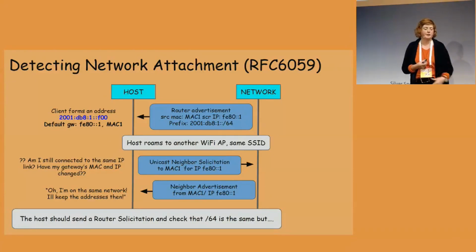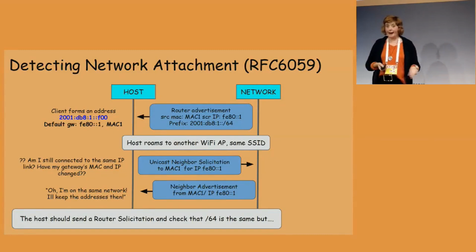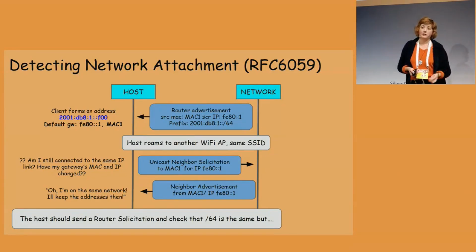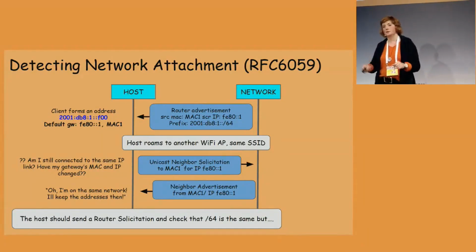Do I need to completely refresh my network stack, or am I still fine using the old address? The first thing they all do is check if my default router changed, if the link-local and MAC address of my default router are still the same. Theoretically, after that, they still need to get a router advertisement and compare prefixes, but not all of them do that. So a lot of devices realize that when your layer 3 network changes, your router changes as well.